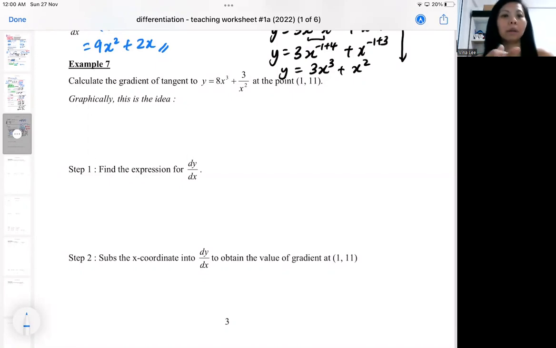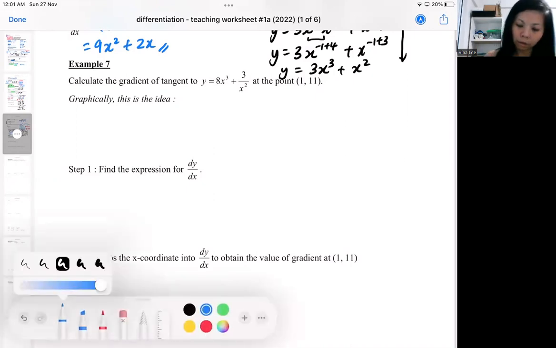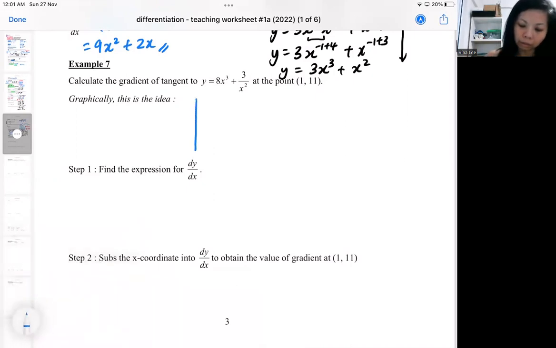Because in this example, you're asked to calculate the gradient of the tangent to a curve at a specific point. So you read the question again: you are supposed to calculate the value of the gradient to a curve at a specific point. You might want to formulate some idea in your head first. The idea that I will formulate is something like, I've got a graph.